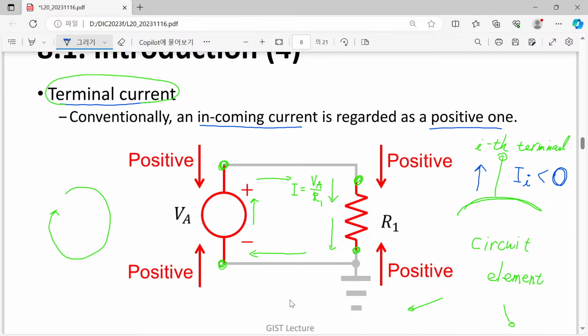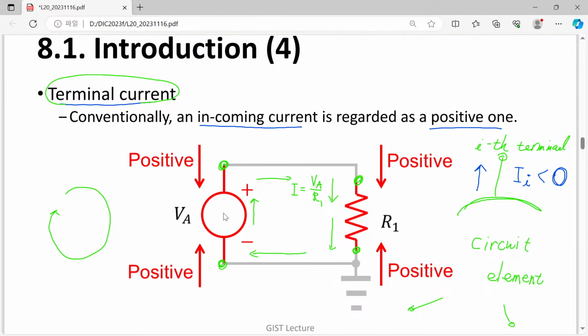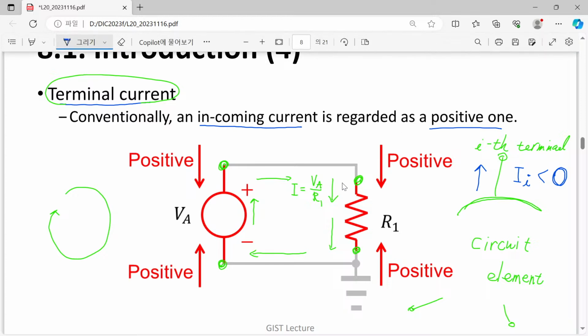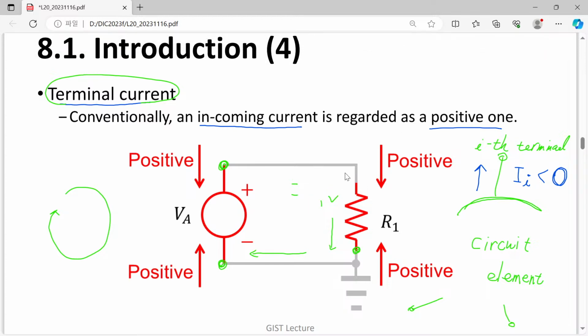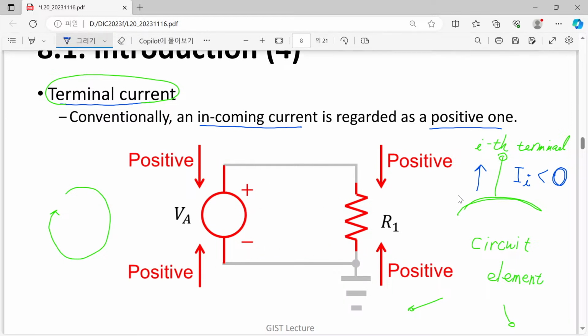Then let's come back to our simple case. Since we have two circuit elements and each of them has two terminals, we can consider four different circuit terminals. So please try to get the sign of each component. For this terminal, we have a positive quantity, and the same current flows.